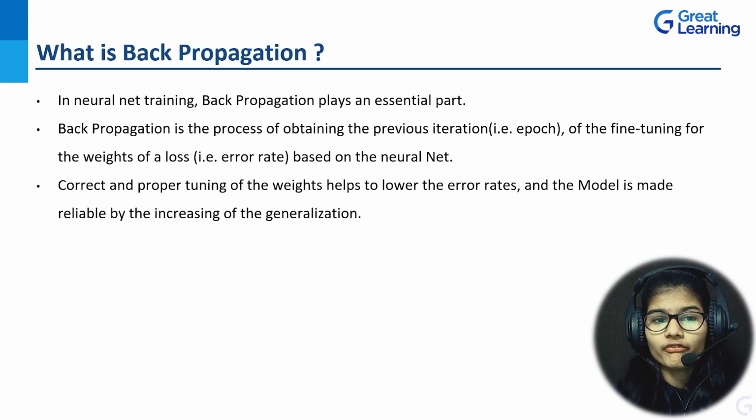Now, what backpropagation actually is: when you want to obtain the previous iterations, whatever has happened before, what is the reason for obtaining them? For the fine tuning of the error rate. For the fine balance of that error rate, you want to obtain the previous iterations.